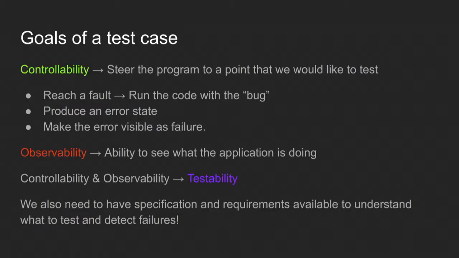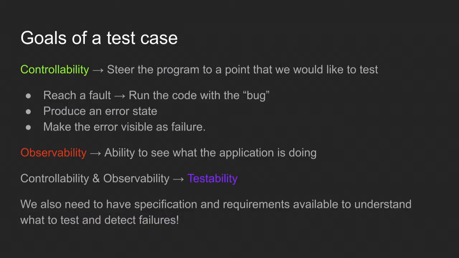We also need another concept, and that is observability. That is the ability to see what the program is doing, to observe the result of add. If there is a place where we can look for the result of add, then we have observability of that bug. We need both controllability and observability to get testability, and that is really what we want.